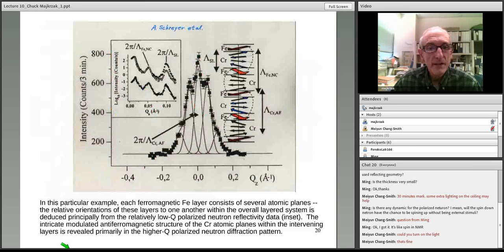Here's another system. This is a system for which Peter Grunberg and Albert Fert won the Nobel Prize in Physics in 2007. And it turns out that this is used in our hard drives now as a reading device.